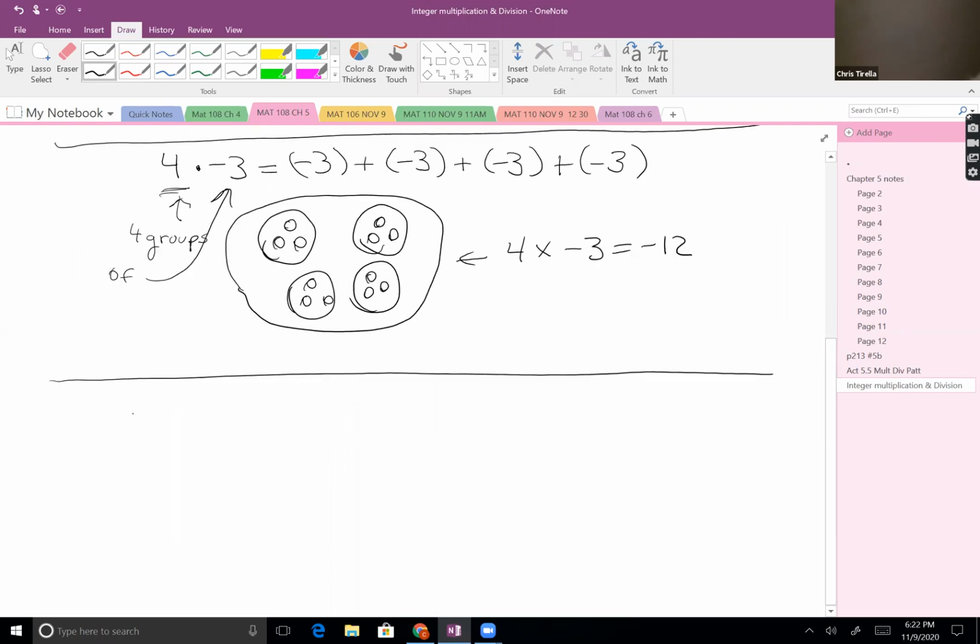Instead, if I look at negative 4 times 3, because that's negative, I can look at that as the idea of taking away 4 groups of 3. And so I'm going to start with a representation for 0.